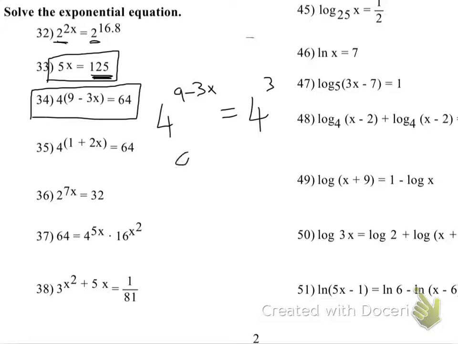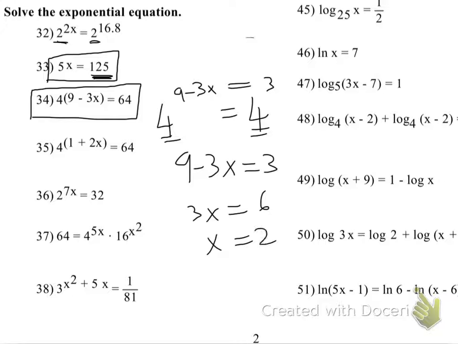Well, if that's the case, then 9 minus 3x must equal 3, because same base, exponent equals exponent. If I just work on that one, that's going to give me 3x equals 6, x equals 2. You can always go back and check up here if you want to. If you put 2 there, it will work. Okay, so there's that one.